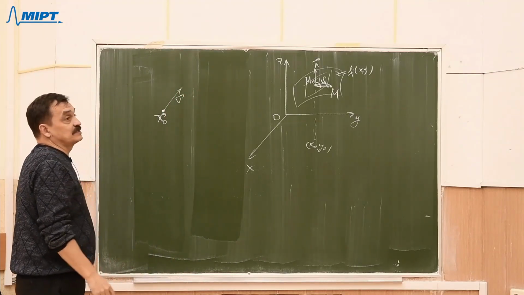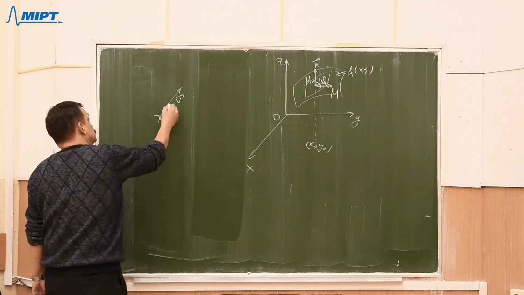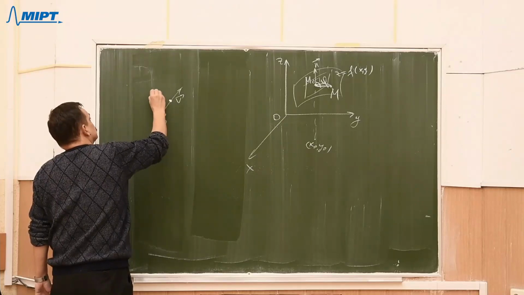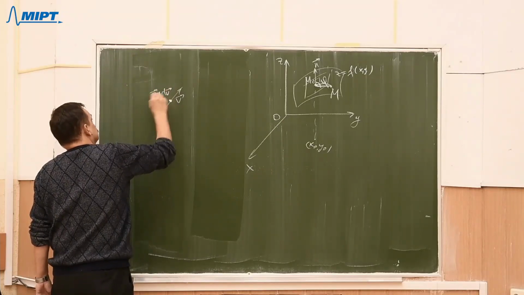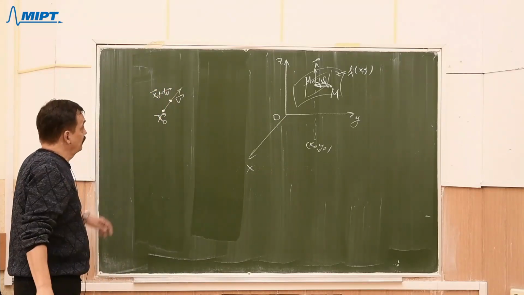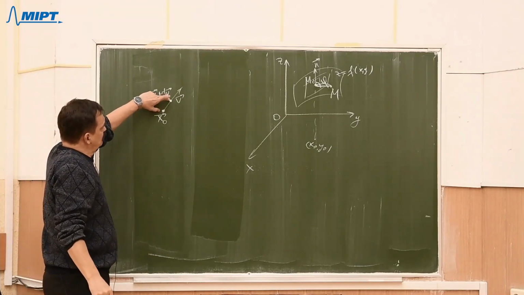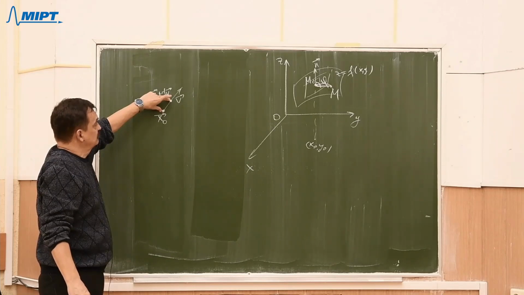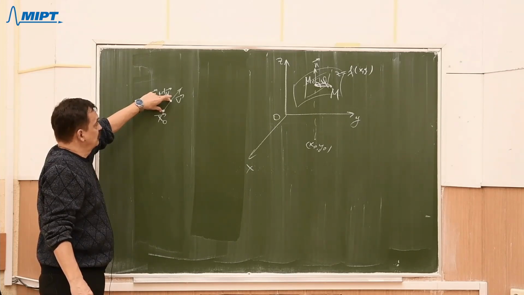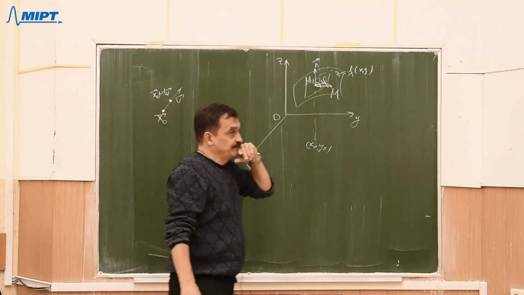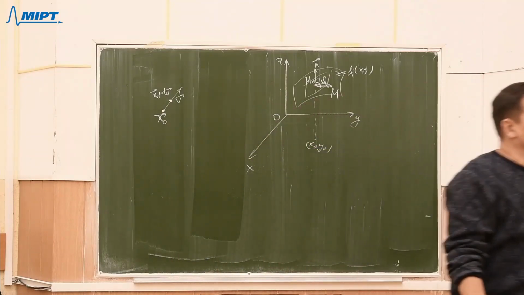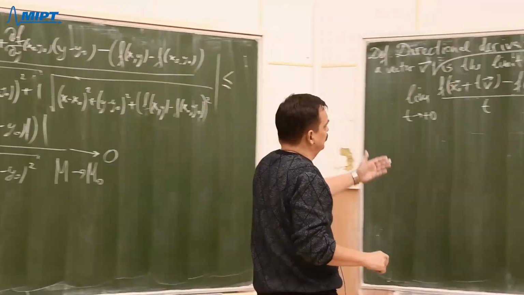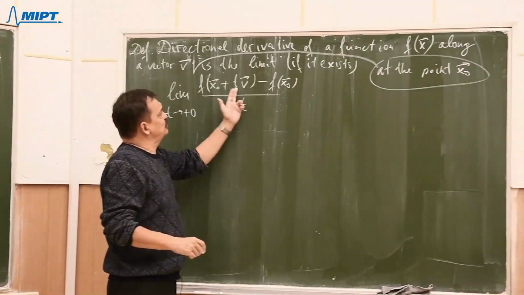So what does directional derivative mean? It means that we consider such a function x naught plus tv and take the derivative of our function f. Let me recall that what is written here is the derivative of a function of one variable t.